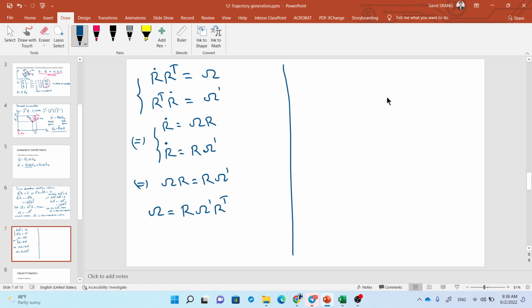What we know so far: this one is skew symmetric, this one also skew symmetric.